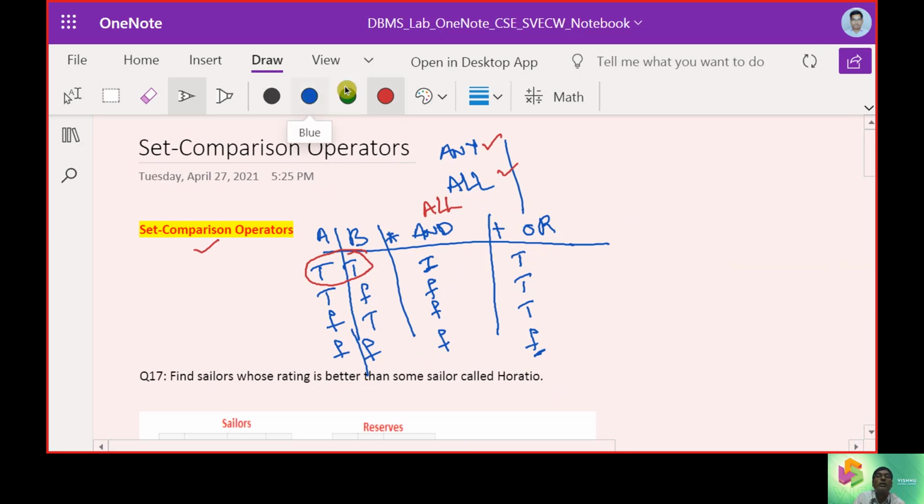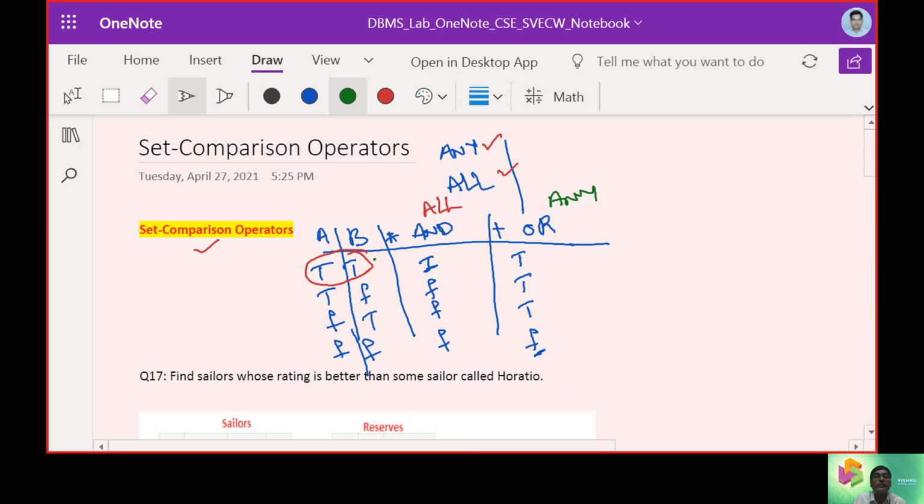But when we work with the OR operation, any case being true is enough, so in this case we use ANY.